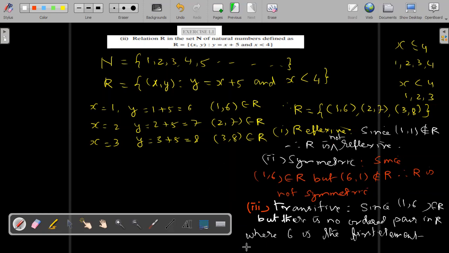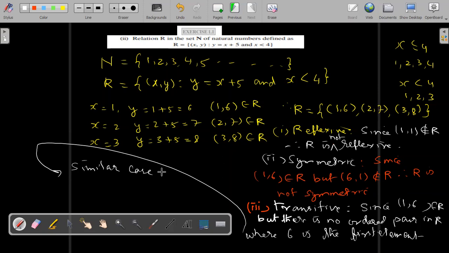Similar cases for (2, 7) and (3, 8). Means for (2, 7), there is no ordered pair where 7 is the first element. For (3, 8), there is no ordered pair where 8 is the first element. Therefore, R is not transitive.